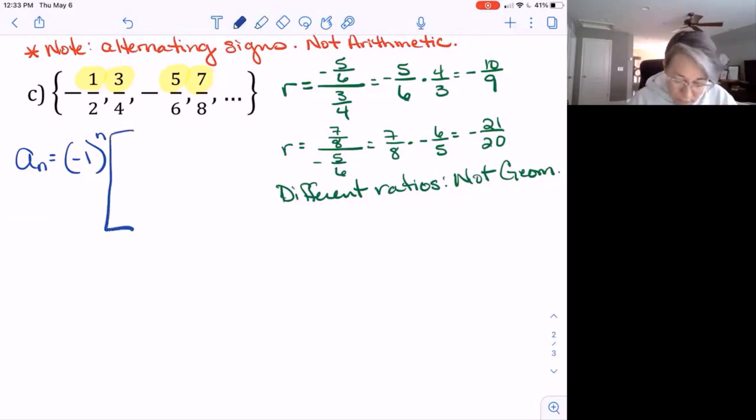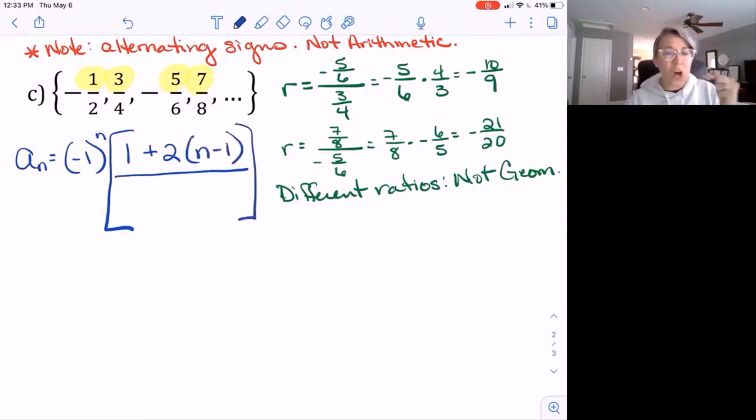So we can write the top of that fraction as an arithmetic. The first term is 1. Again, remember that -1 in the front. We'll deal with the flipping of the sign, so we're only looking at the numerator itself. So our first term is 1. We are increasing by a difference of 2 every single time times n minus 1. So the top is arithmetic.